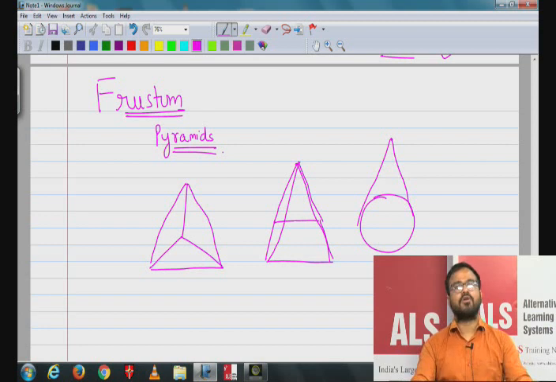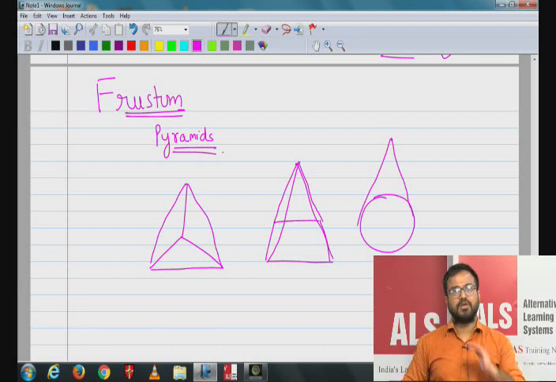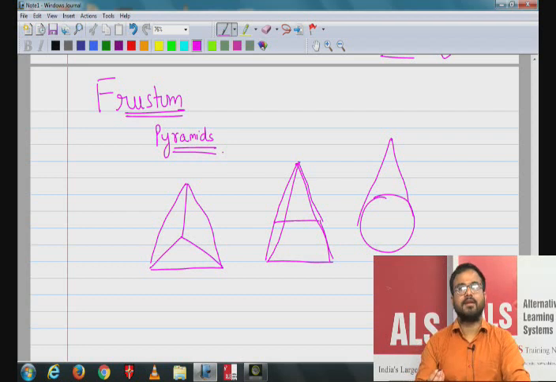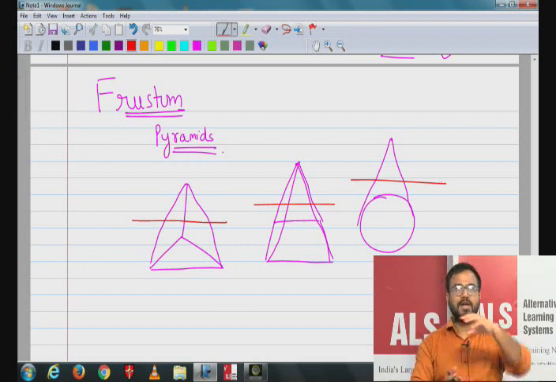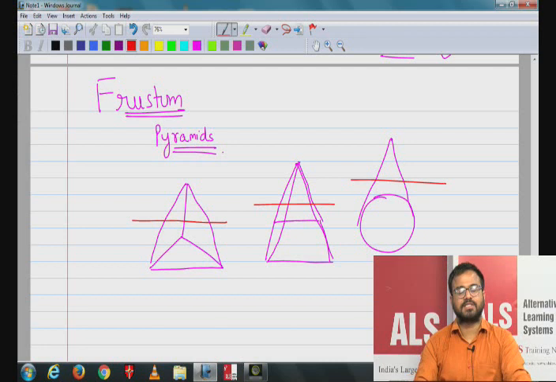So all these are called pyramids. Now if that pyramid is cut by a plane parallel to the base, we will get another surface. From the base, parallel to the base, if we cut that pyramid and remove the top portion, whatever is left is called the frustum.